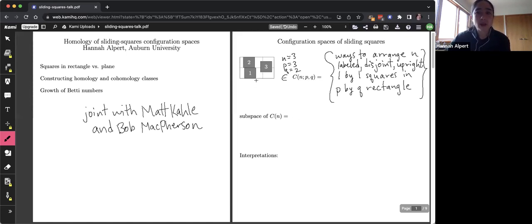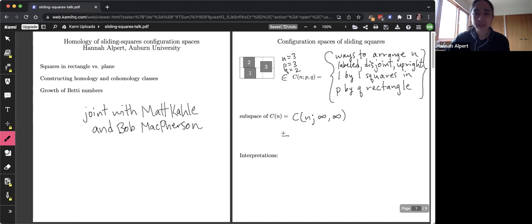And one thing that we are always doing in this setup is comparing to the situation where instead of a rectangle, we have the whole plane, so that the squares have plenty of space to move around. And our configuration space where the squares are confined to a rectangle is a subspace of that space. So this space where they have the whole plane, I'm going to denote by C of n. We can think of it as P and Q are both infinity.